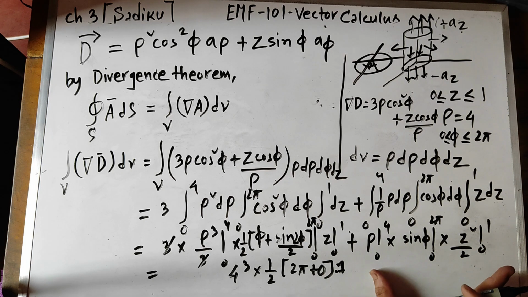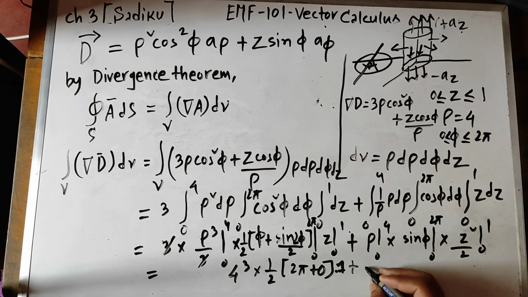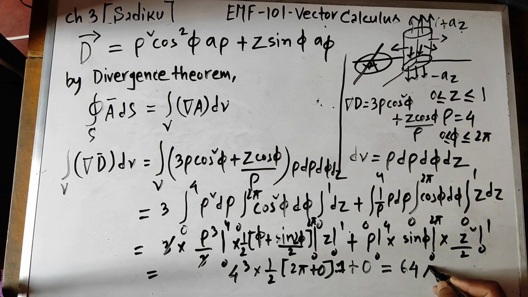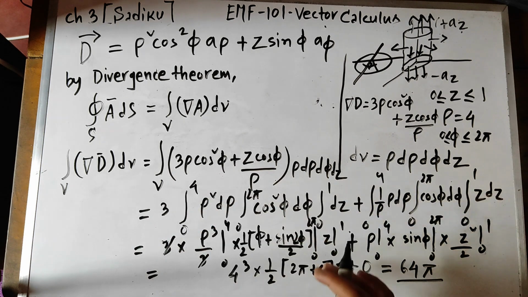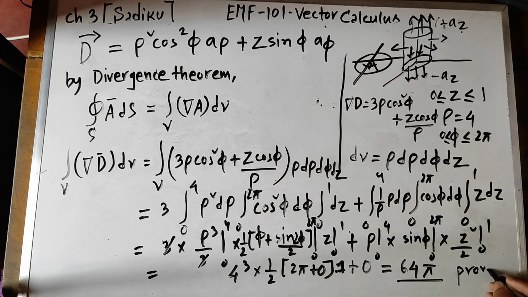Thus this whole term becomes 0, so plus 0, and this will give us 64 pi, thus proving our solution. So this is proved by the divergence theorem.